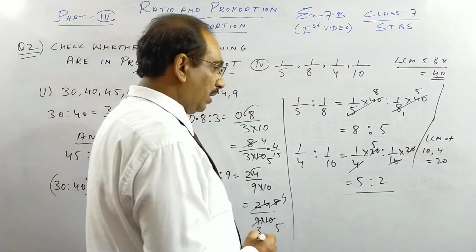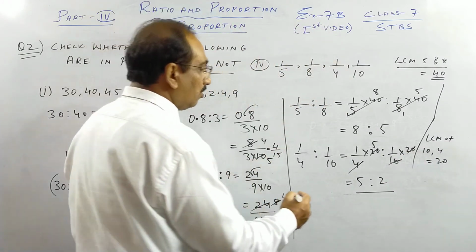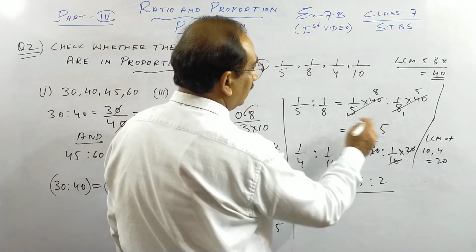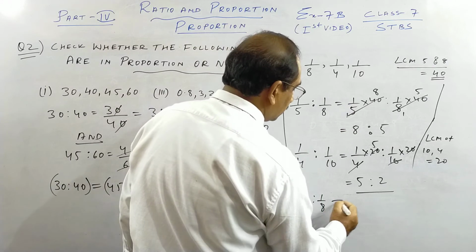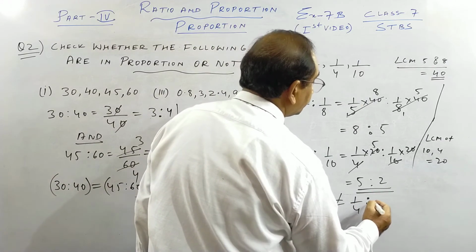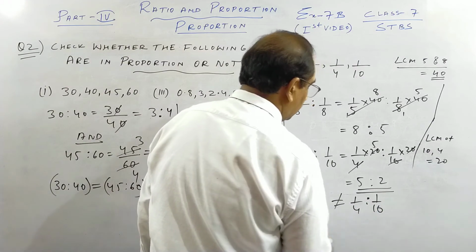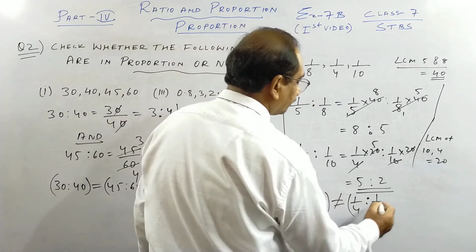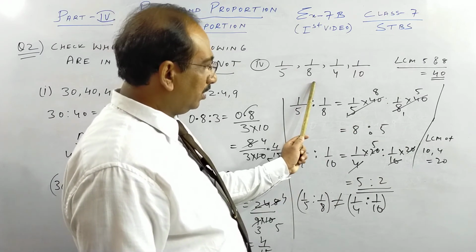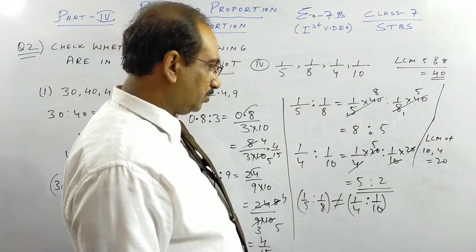So I get 5 is to 2. So they are not equal. You will see 1 by 5 is to 1 by 8 is 8 is to 5, whereas 1 by 4 is to 1 by 10 is 5 is to 2. So they are not equal.